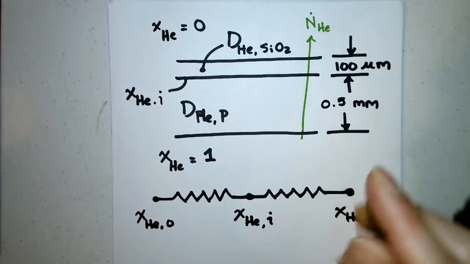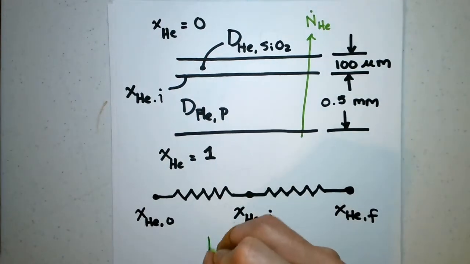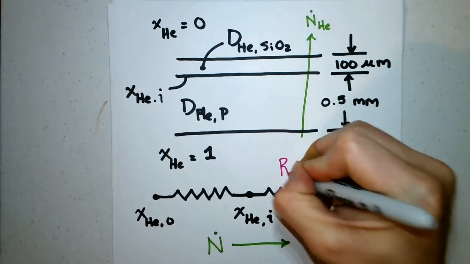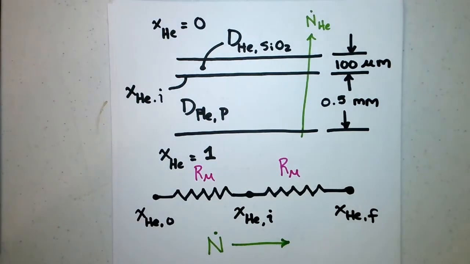But what we have is going to be N flowing through. So instead of a current flowing through, we have a certain number of moles flowing through. That's analogous to the current flow in electricity. And then we'll have, instead of an electrical resistor, some mass resistance, right? And you found this mass resistance was almost exactly the same as a thermal resistance.